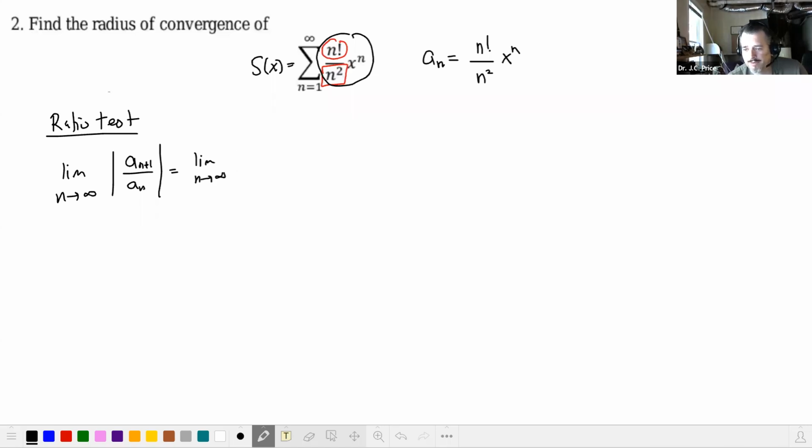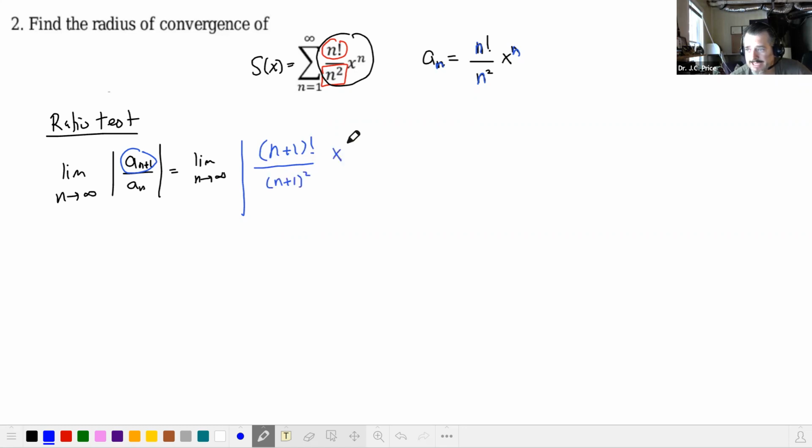And what do we have here? So I just kind of read it and do what it says. It says basically you have absolute value and you put a sub n plus 1 on top. So wherever you see an n, I'm going to color them in blue, you're going to rewrite an n plus 1. And if you have problems with this, just put it in parentheses. So n plus 1 in parentheses all the way around. So here I'd have n plus 1 in parentheses and then put a factorial on it. On the bottom, I'd have n plus 1 in parentheses, and I put a square on it.